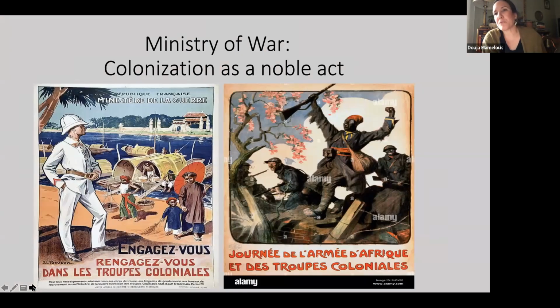Now, something that the French created was the Ministry of War. I'm sure you could not imagine that there'd be a Ministry of War, but in this sense, if you look at these posters, which are all propaganda posters, you see that there is an absolutely positive image of what it means to be part of this war.